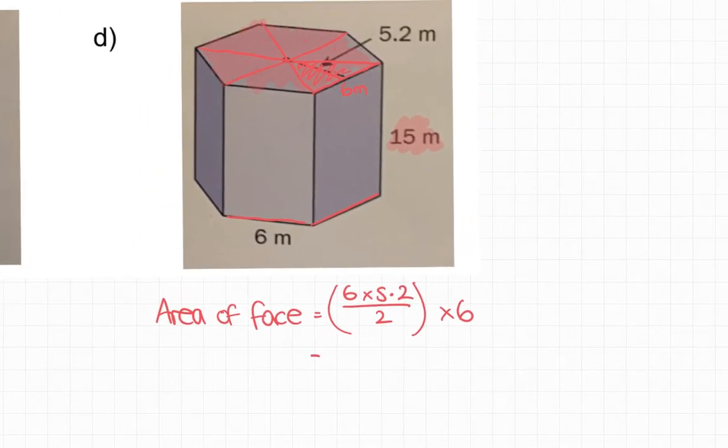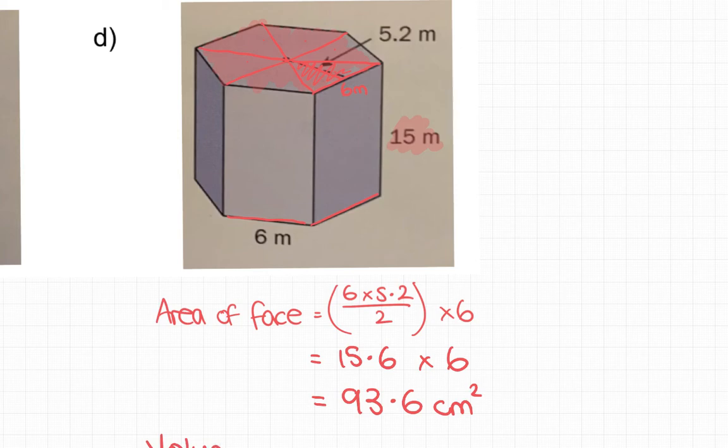So 6 times 5.2 is 31.2. If I divide that by 2, I get 15.6. And then I'm timesing that by 6 because I've got 6 of these triangles right round my shape. So the area of each face is 93.6 centimetres squared.